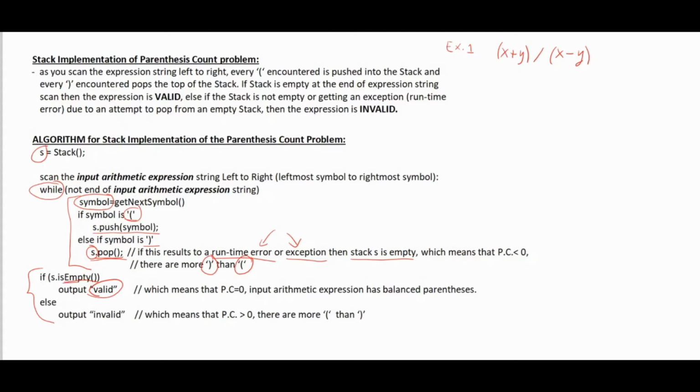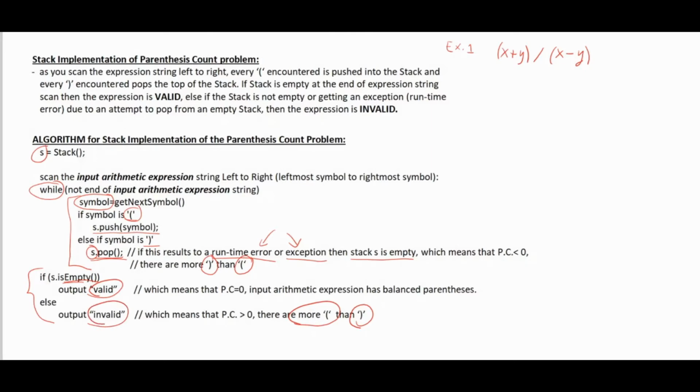But if it is not empty, if there are some left parenthesis symbols left inside the stack, that means there are more left parentheses than right parentheses, which means that the arithmetic expression is invalid.